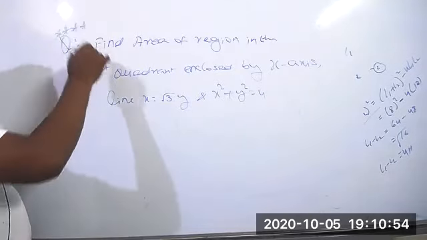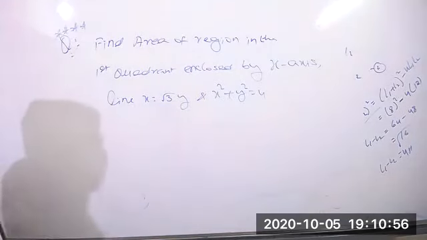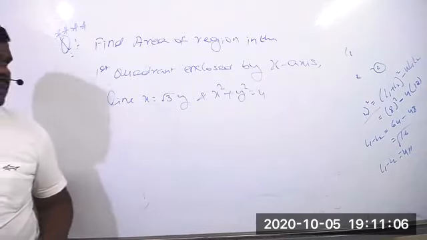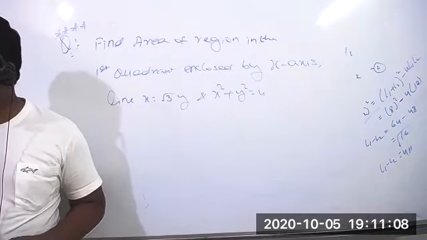It's a more important question, you can remember that. Find area of region in the first quadrant enclosed by x-axis, line x equal to root 3y and circle x square plus y square equal to 4.